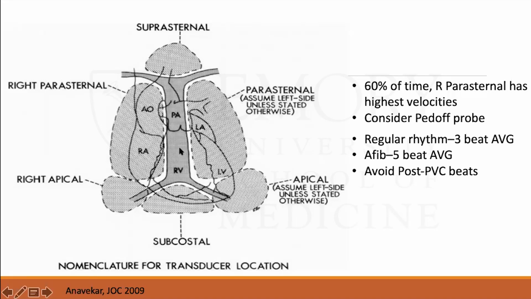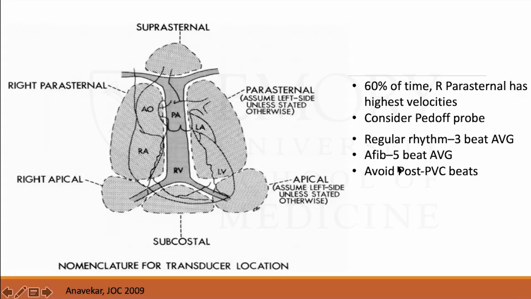Someone whose heart is tilted this way, as you can imagine, in the right parasternal view you're going to get that beautiful parallel look down through the aortic valve. Suprasternal views are also helpful and can give you higher gradients, so don't just limit yourself to your apical 5 chamber or apical 3 chamber. You can also consider the PEDOF probe to get your continuous wave measurements.